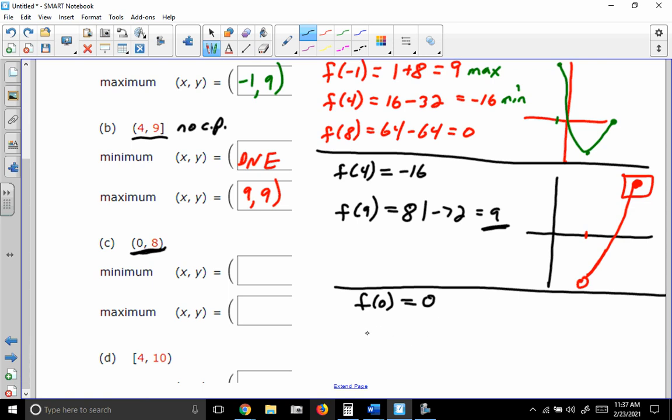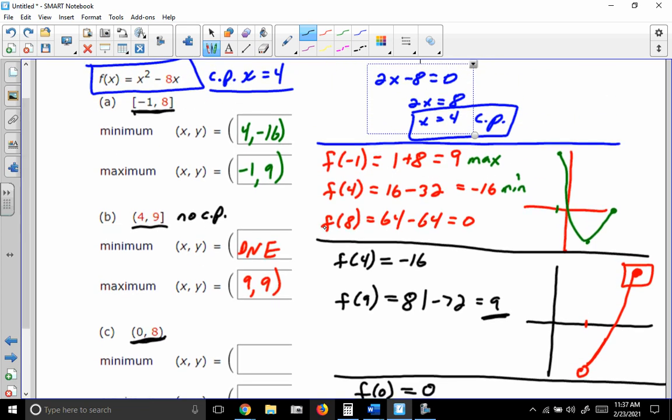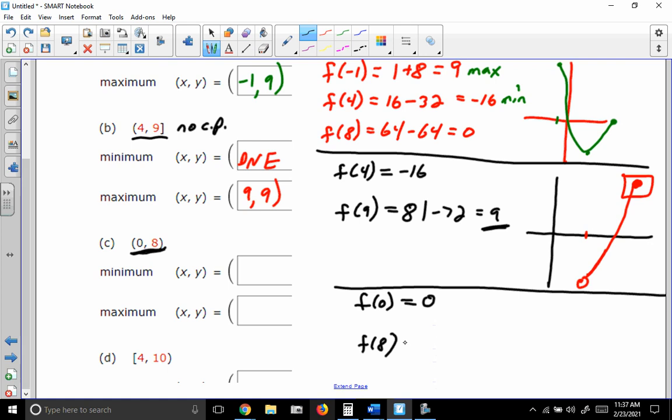If we plug an 8 into our function, we already found out that when x is 8, y is 0. And we do have a critical point in this interval. Remember, x equals 4 is our critical point. So when x is 4, our y is negative 16.